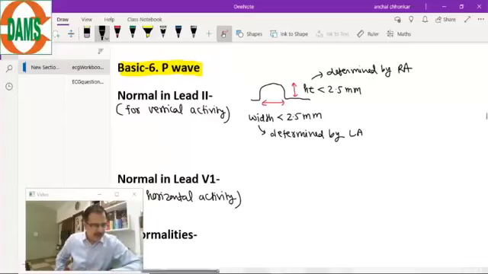There is still a problem, so it is not okay. So what we'll do, we'll finish here, and we'll start tomorrow from the P wave basics.